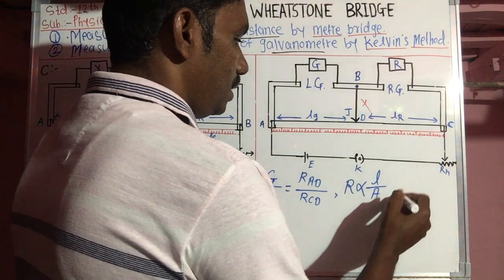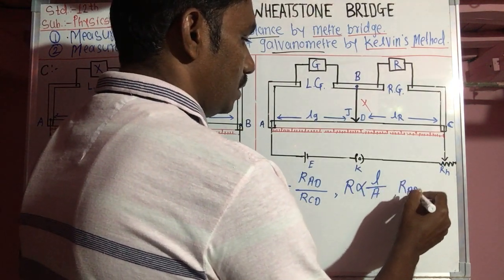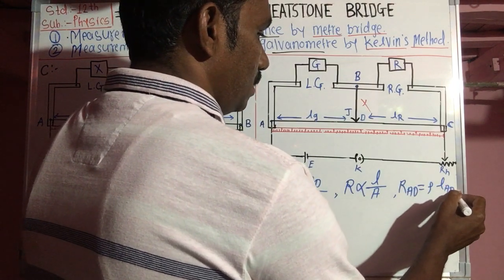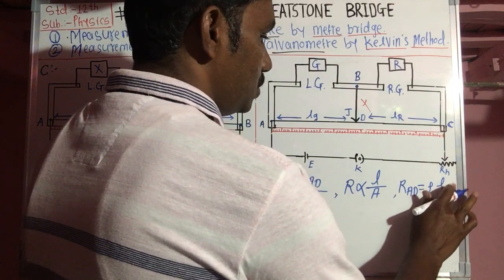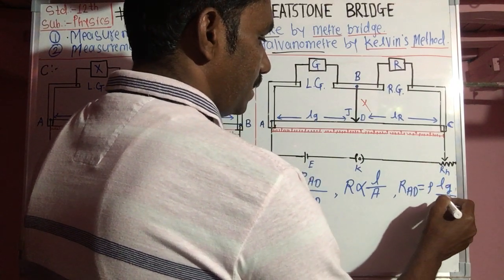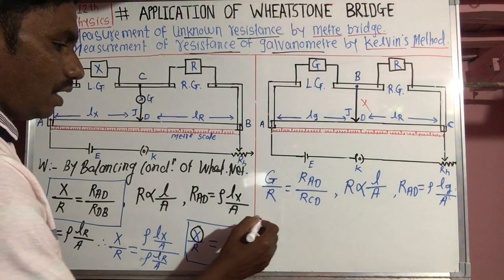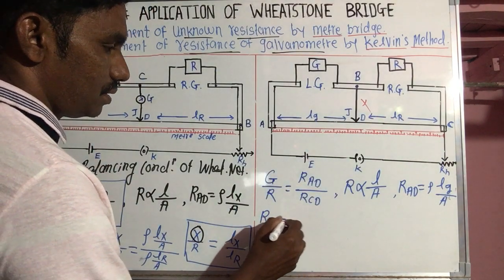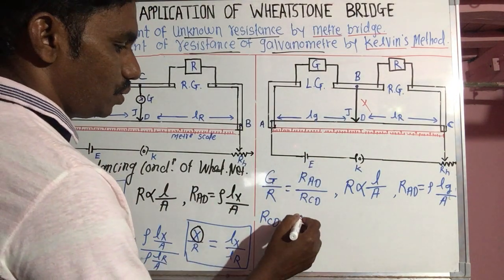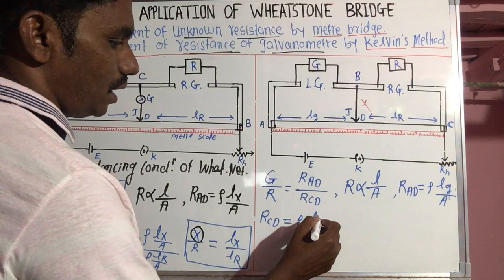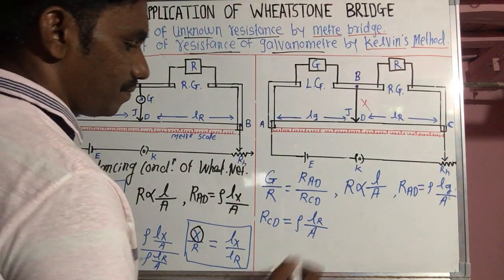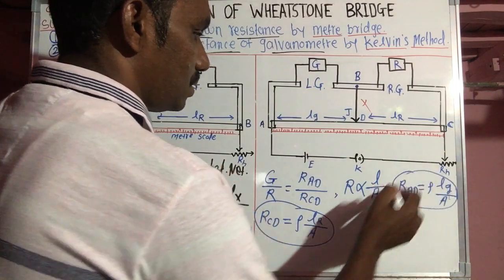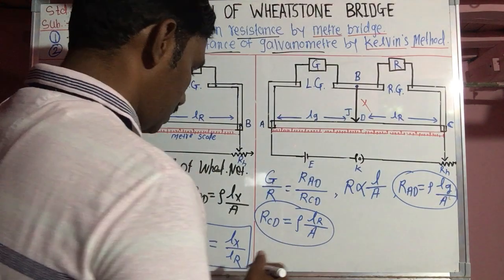Now RAD equals rho LAD, that is LG, divided by A. RDC, or CD, notation changes, is rho LR divided by A. Now these are the two resistances that we put in this balancing condition.